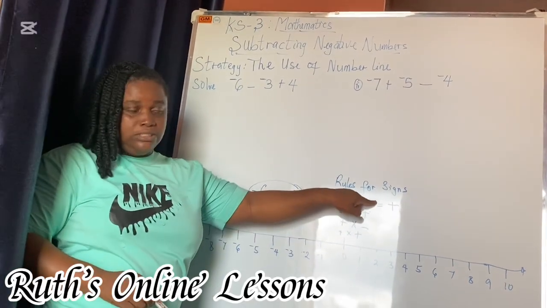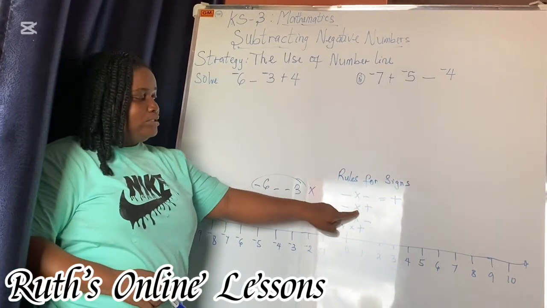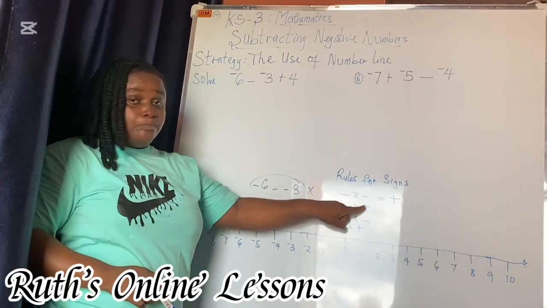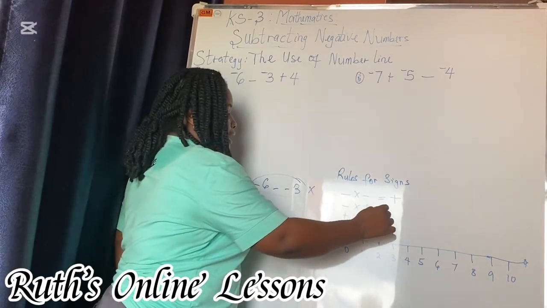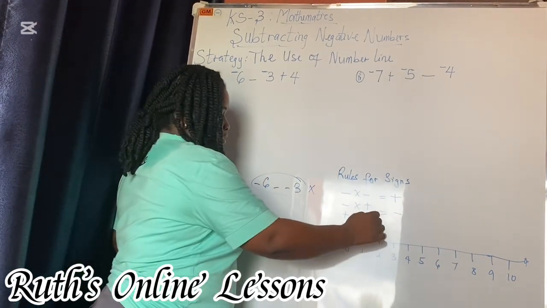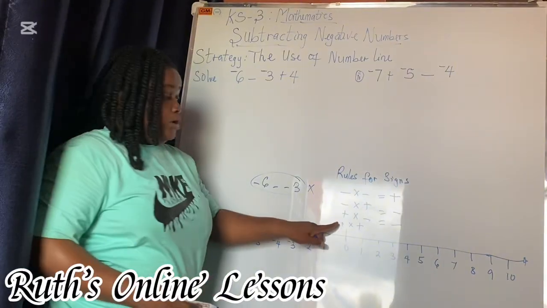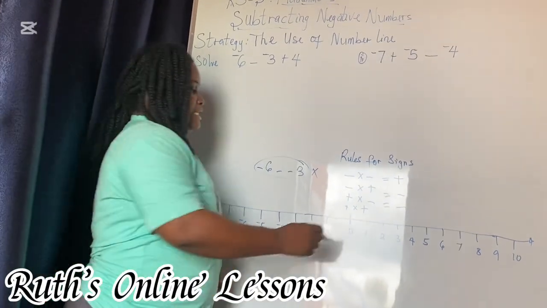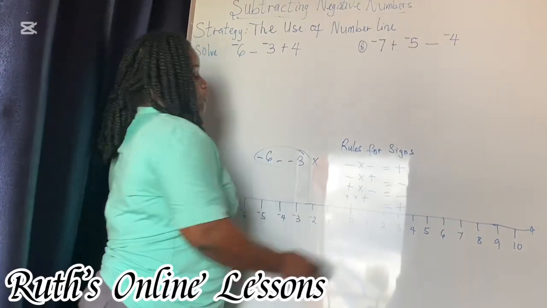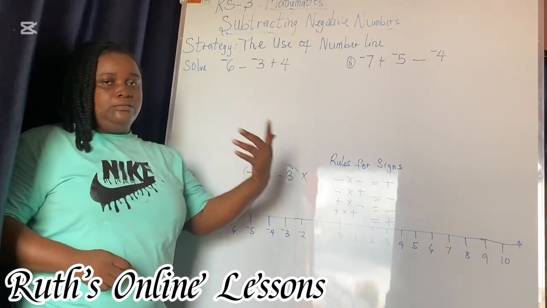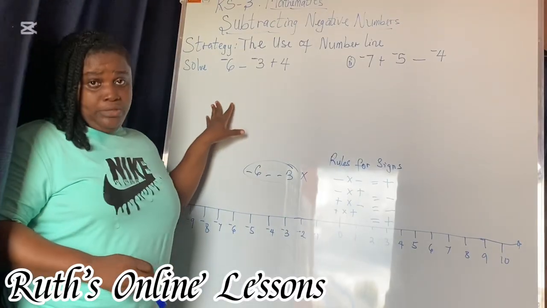Minus times plus is minus. Plus times minus, swapping the other way, is still minus. And when you have two positive numbers, the product is a positive number. So these rules for signs will guide what we are going to do here.